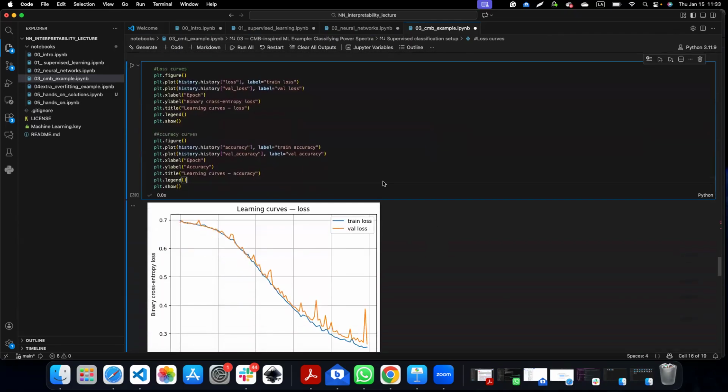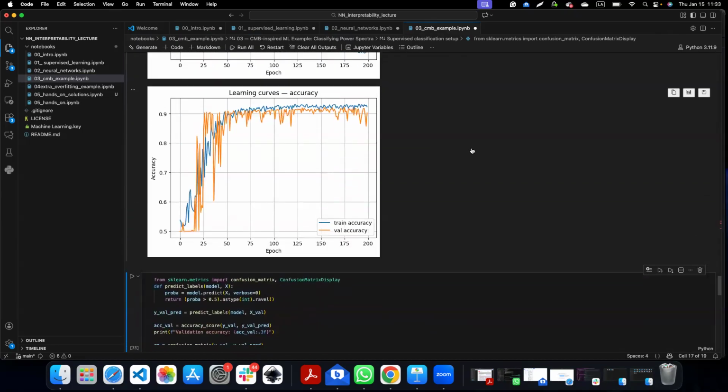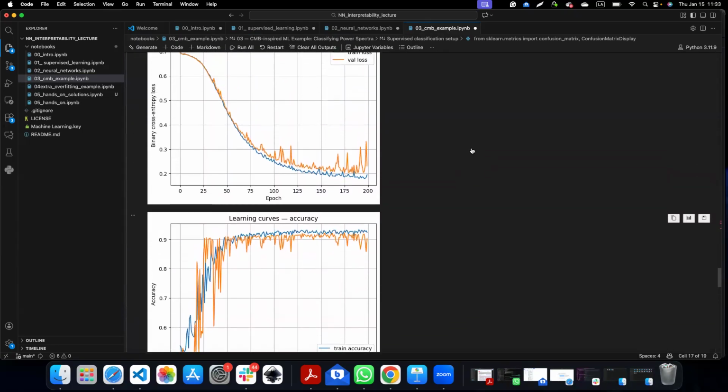Now we can see what happens to the plots. Okay, much better. This was a mess. Now it looks nicer because it looks like it's converging slowly to one, and the same here, converging to zero.